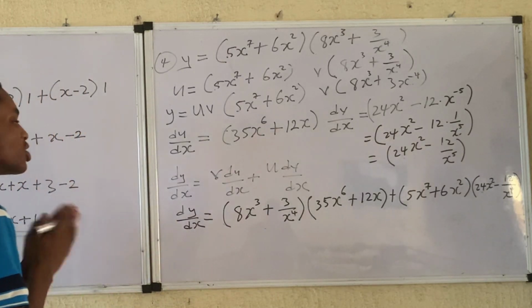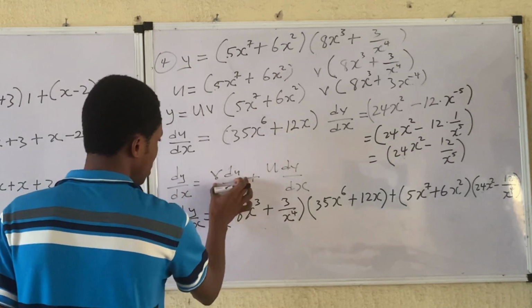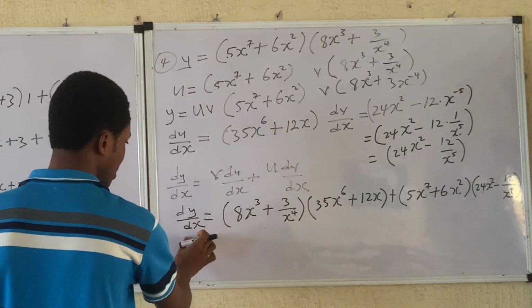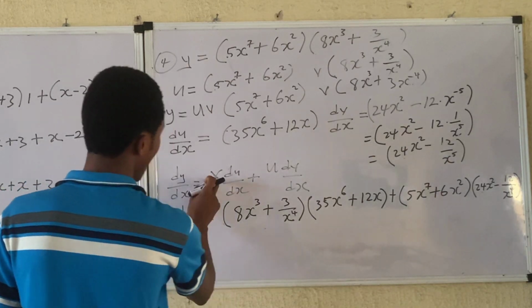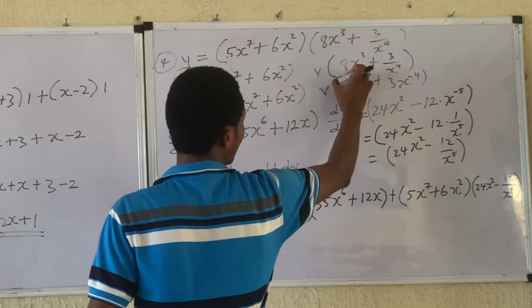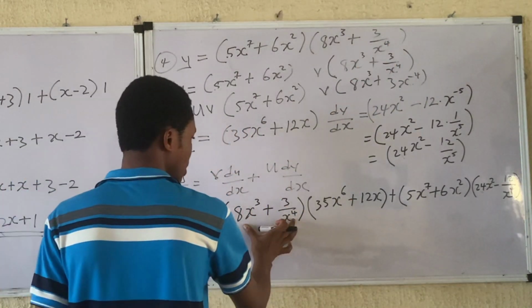Now using the general formula, dy/dx equals v du/dx plus u dv/dx. dy/dx equals our v, which is this one, 8x raised to the power 3 plus 3 all over x to the power 4, right?